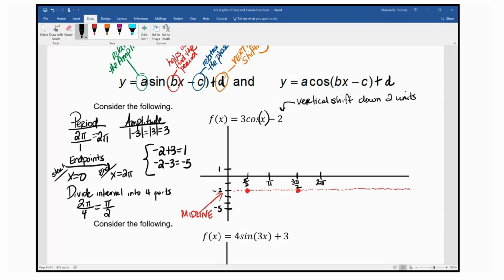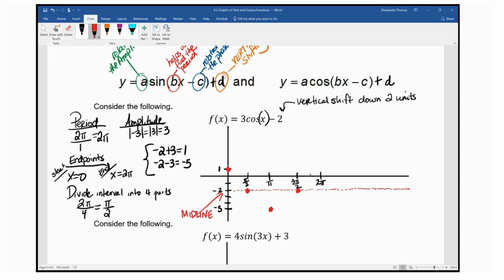We also know that for the regular cosine, you start up. Your first point, you start up. So it's not going to be at 3 anymore. Our top y value is going to be 1 now. Then in the middle, for pi, we're going to go down to -5 now.